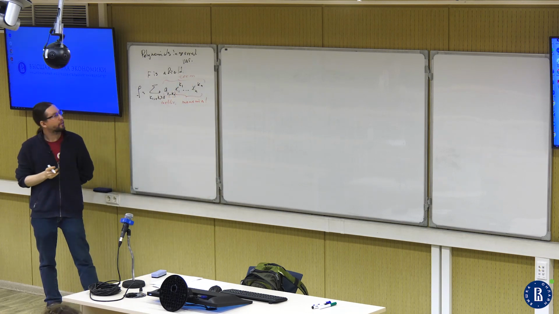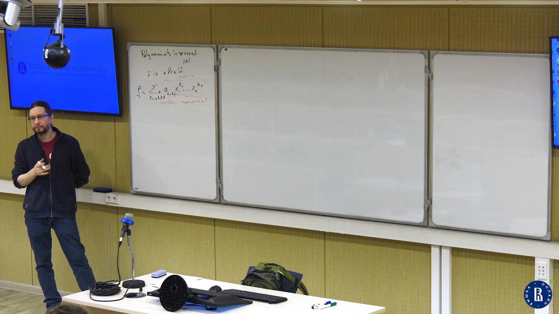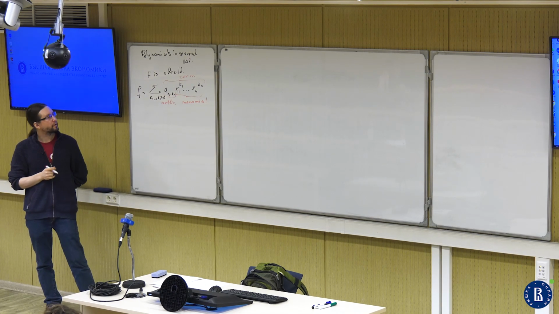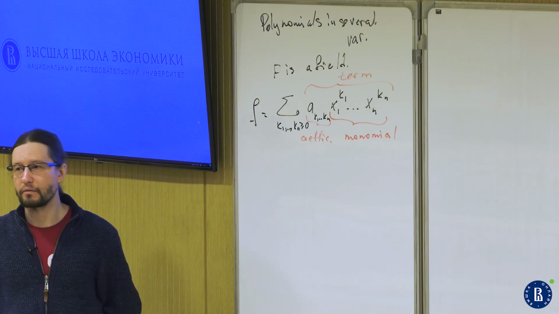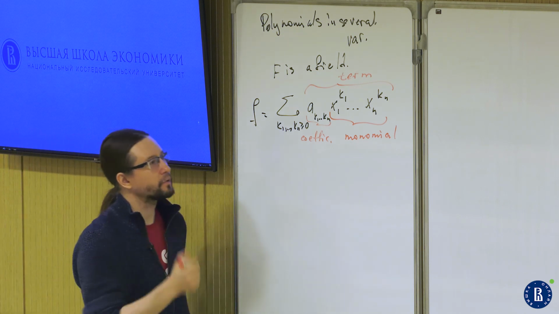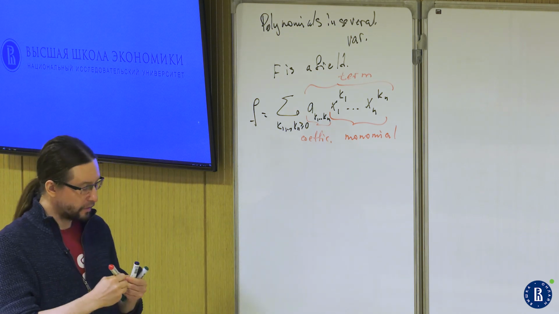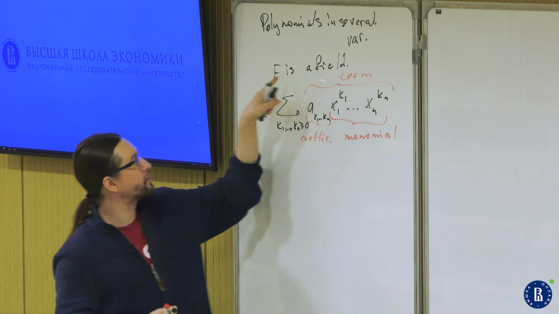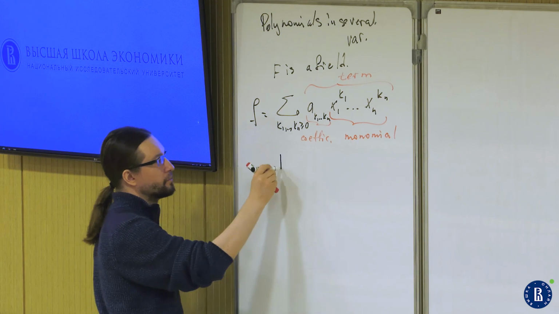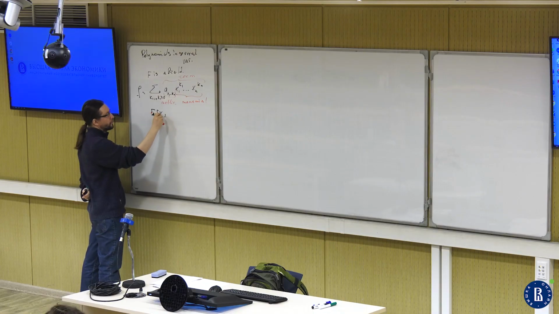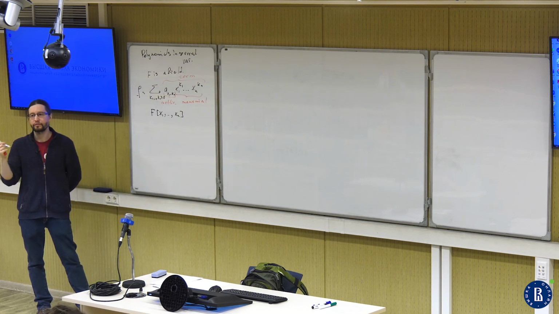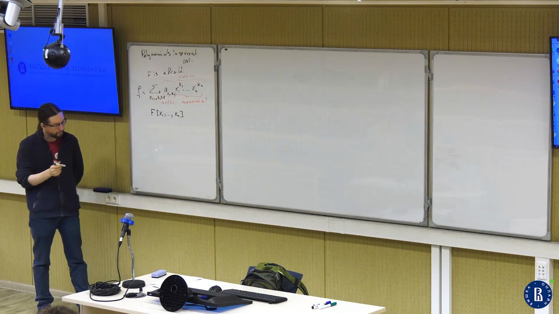So each polynomial in several variables is a finite sum of terms, and each term is a product of a coefficient from the field F and a monomial, which is a product of powers of the fixed variables. Now, the set of all polynomials in variables x1, ..., xn with coefficients in F is denoted by F[x1, ..., xn], like this. This is the set of all polynomials of this form.